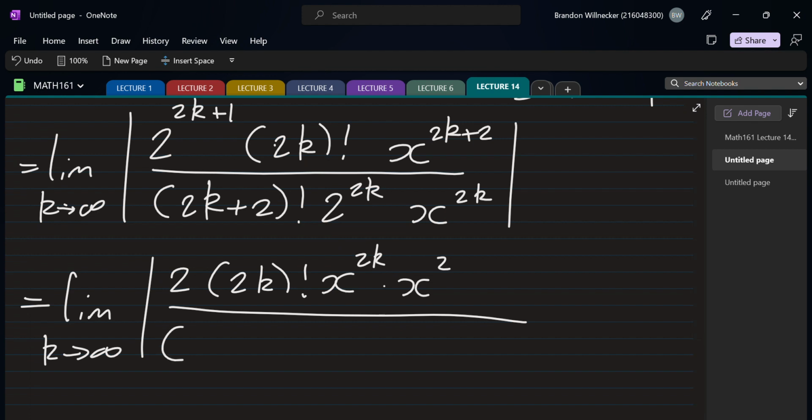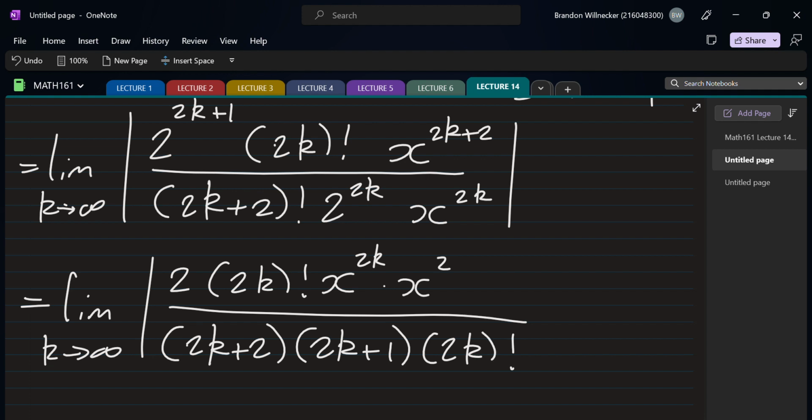So here we can write it as 2k plus 2, 2k plus 1, 2k factorial. I just wrote it in that descending pattern. So if you have 4 factorial, you can write it as 4 times 3 times 2 factorial. So there was a plus 2, then it became a plus 1, then it became a plus 0. But that's nice because 2k factorial at the top and the bottom, they can cancel.